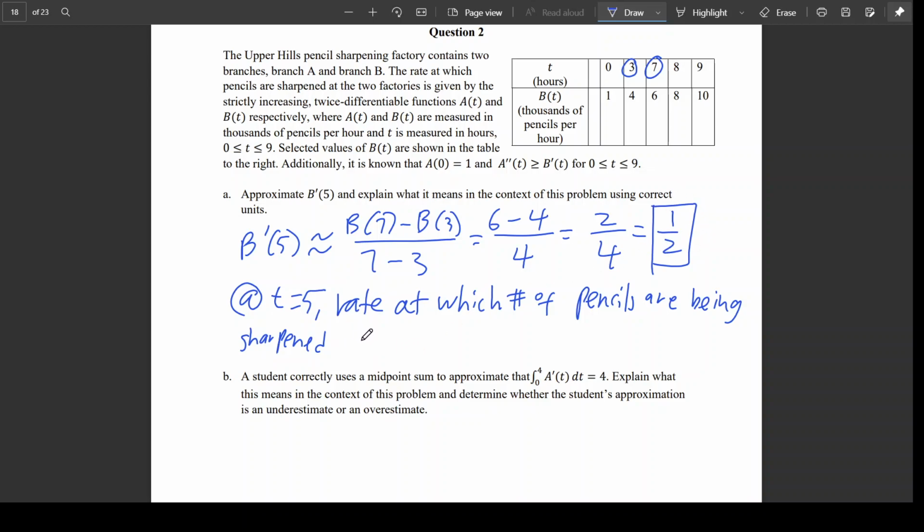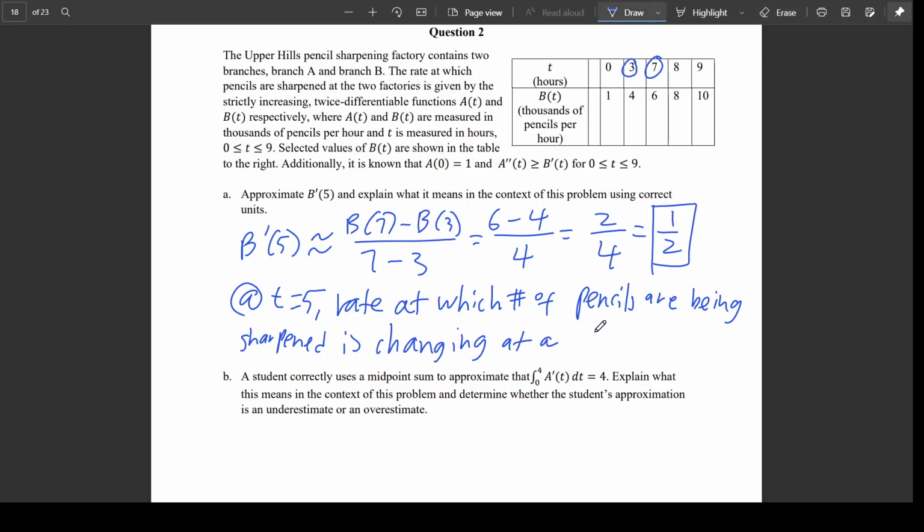It is changing because that's what b prime of t is telling us. It's telling us how quickly b of t is changing. So it's changing at a rate of, I should have given myself a bit more space, 1/2.